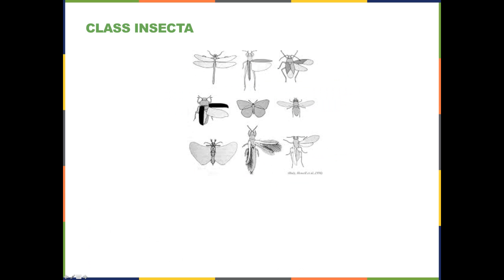Now the wings, there are various different kinds of wings on various different kinds of insects. One type of wing is called a membranous wing. A membranous wing, which I think this is an example of, is thin and transparent, and when you look at it, you can see a web of veins within the wing.